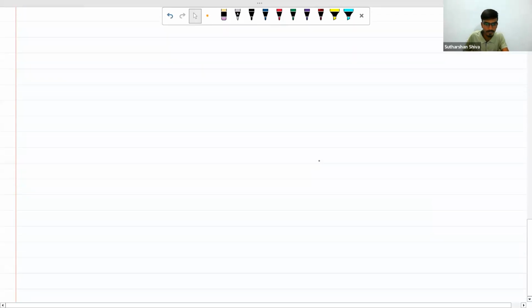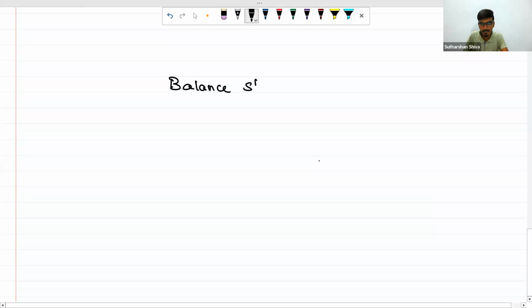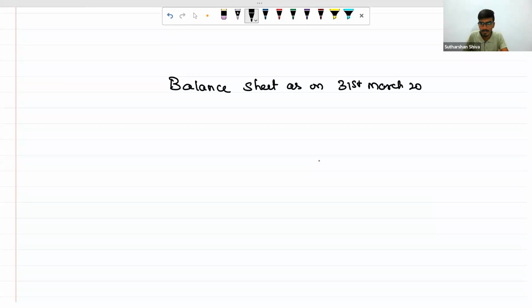Then I will write balance sheet as on 31st March 2013, liabilities and assets.